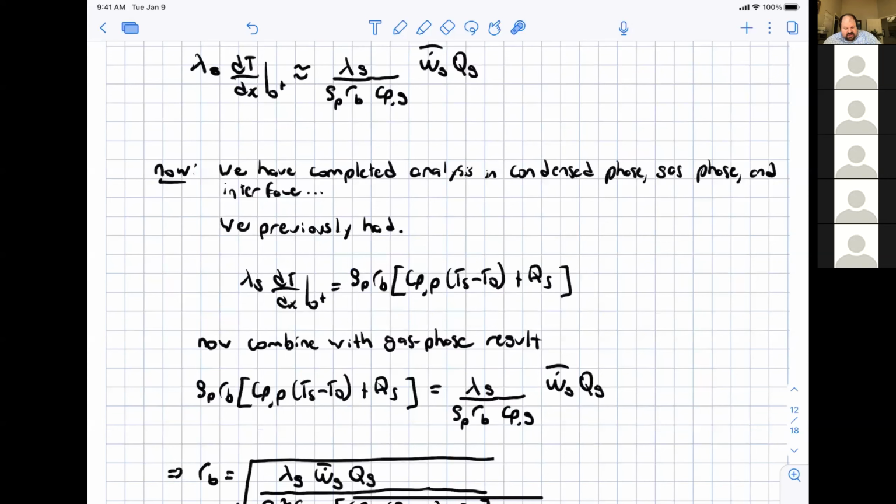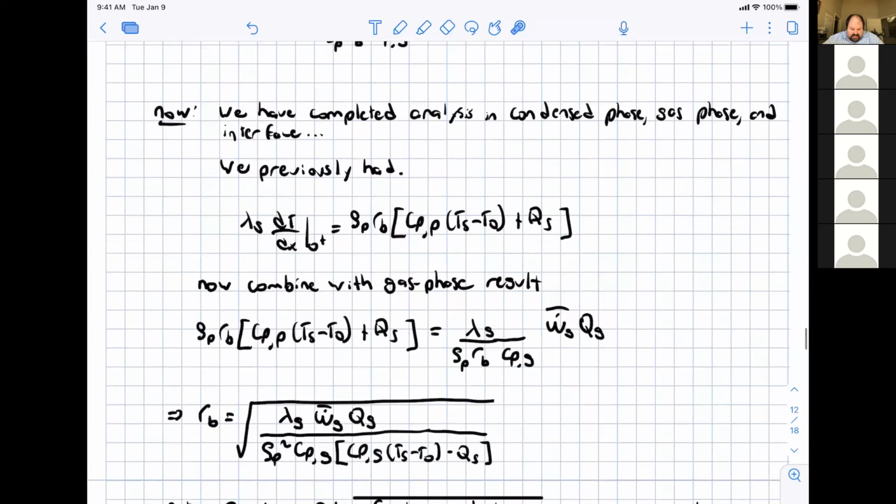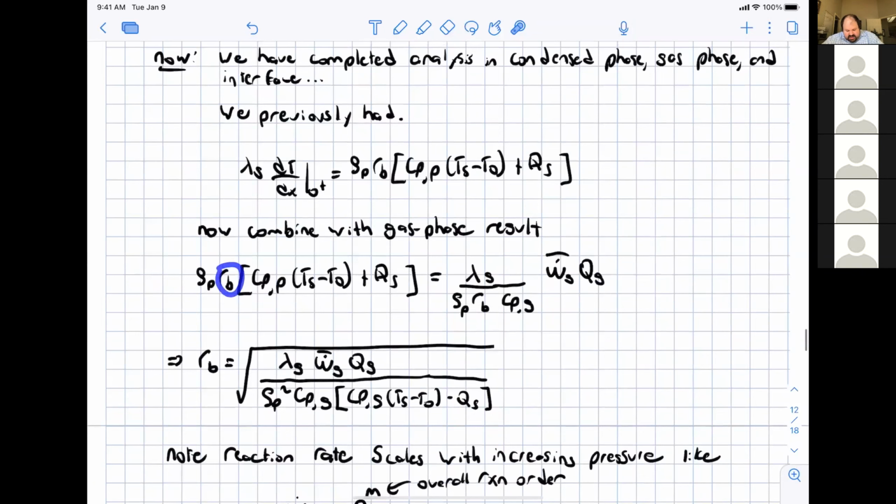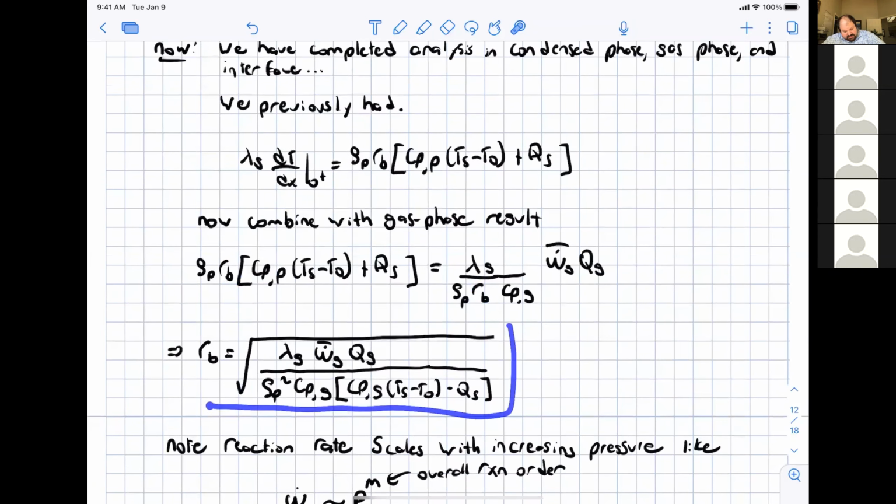Now we can combine with our result over here and say that this expression is equal to this expression over here. And so now we have RB here and RB there, and we solve for the burning rate.